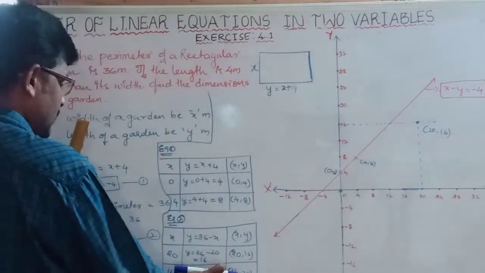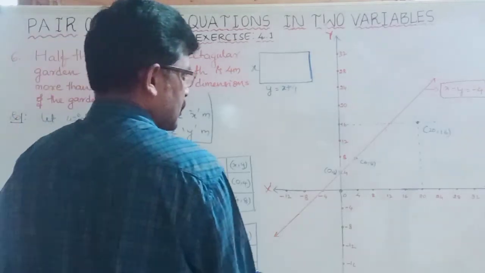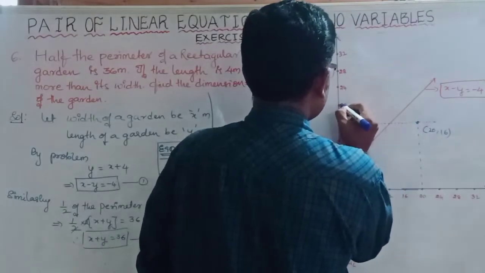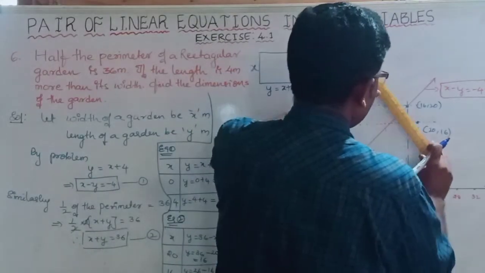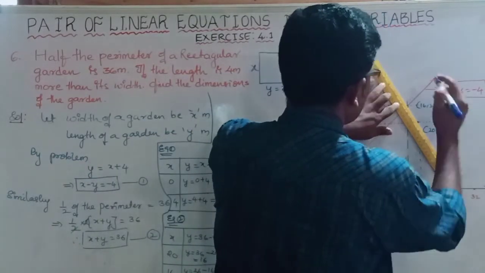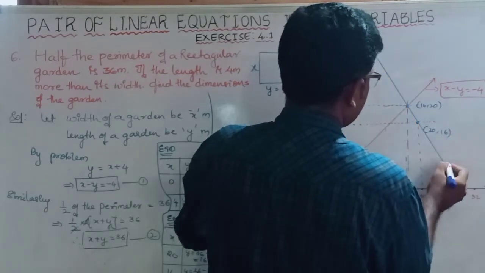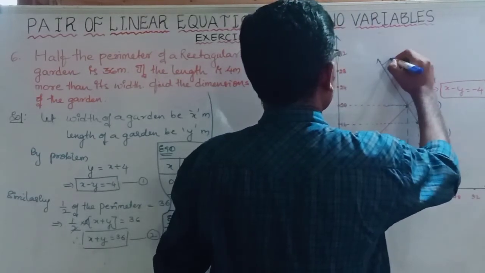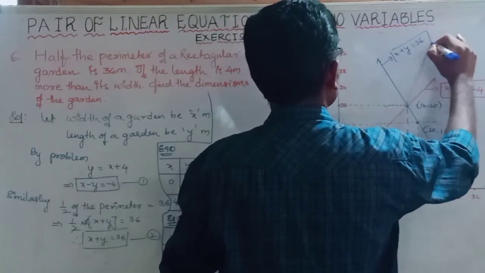Then the second point 16 comma 20: x equals 16, y equals 20. So draw a line through these 2 points. The line represents x plus y equals 36.